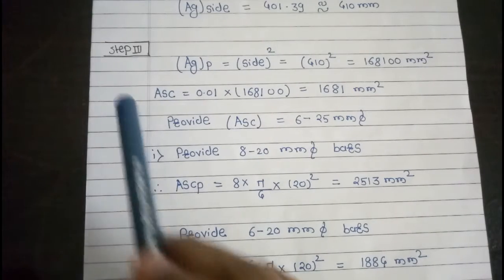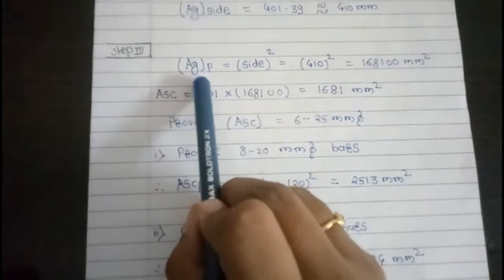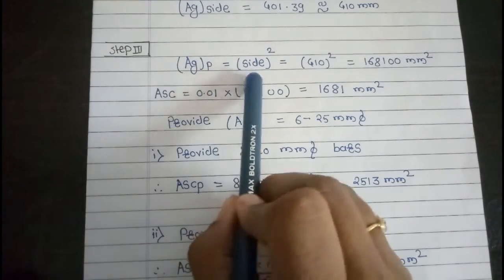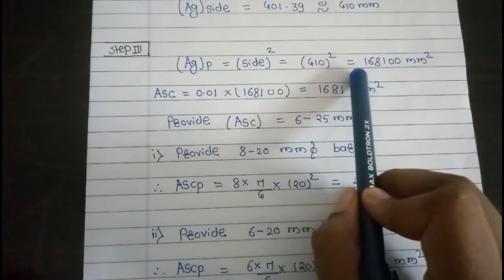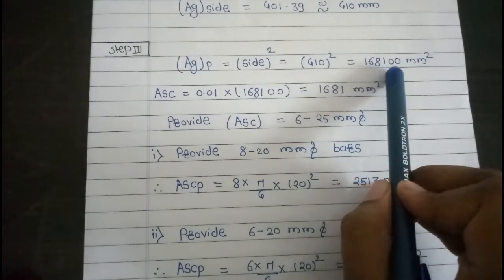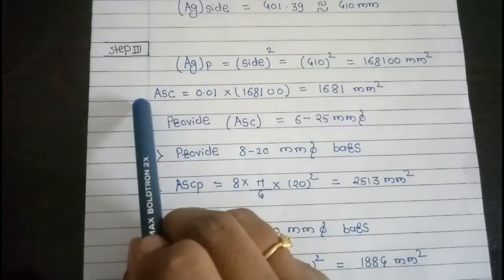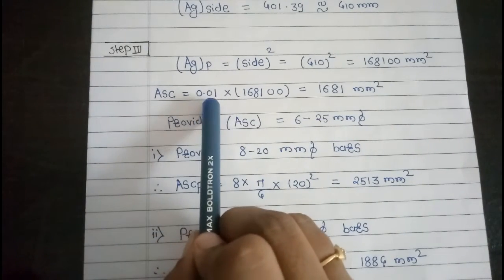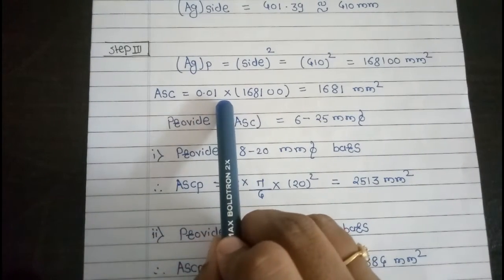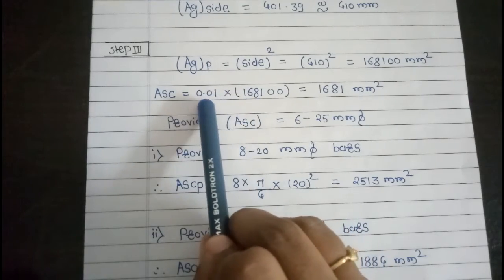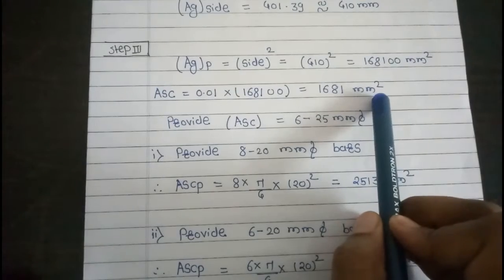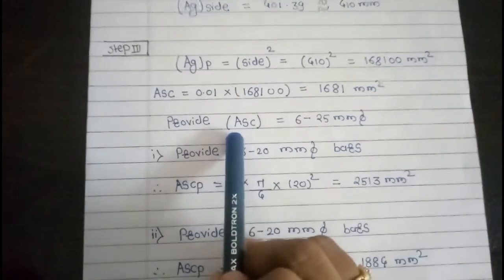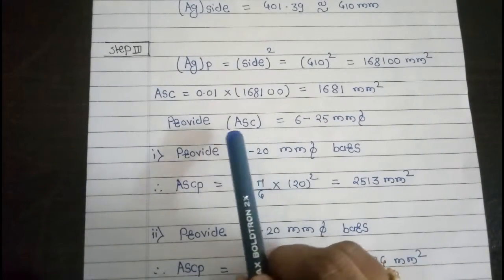Then step third, Agp, the provided gross area, is equal to side square, which is 410 square, equal to 168100 mm². Asc is equal to 0.01 into Agp. So 0.01 into this value, then we get 1681 mm². Provide Asc.